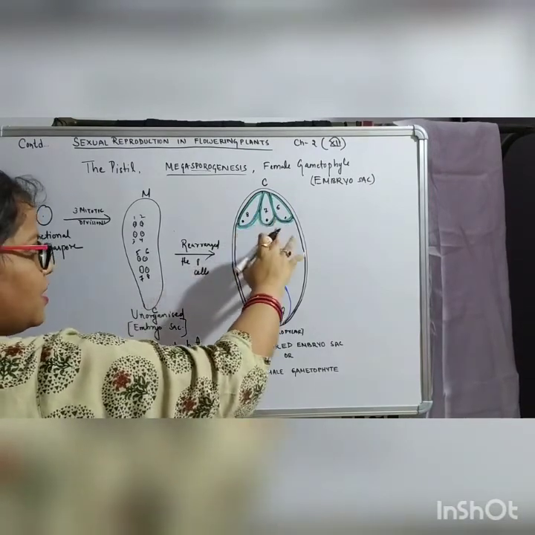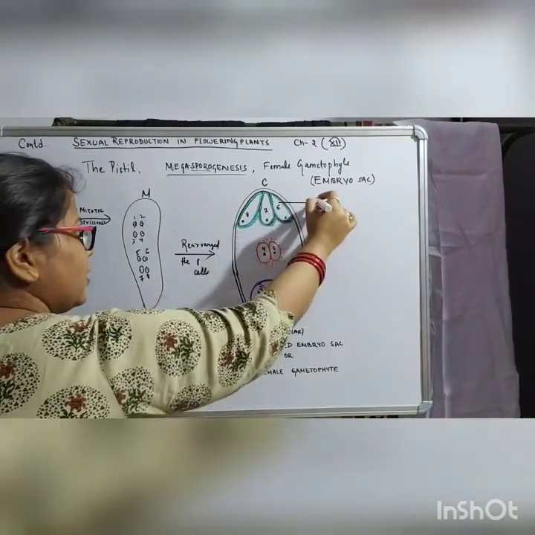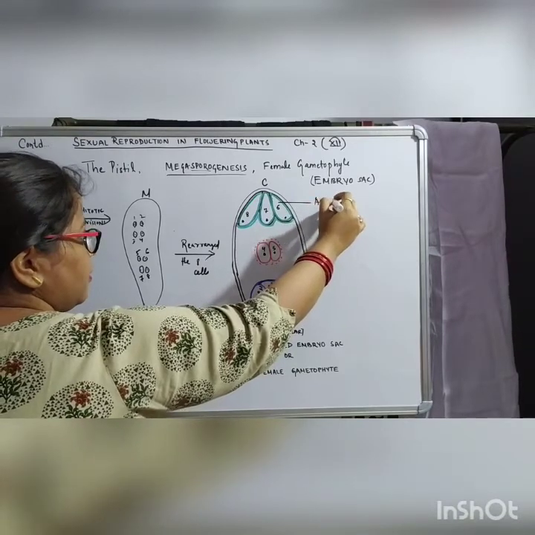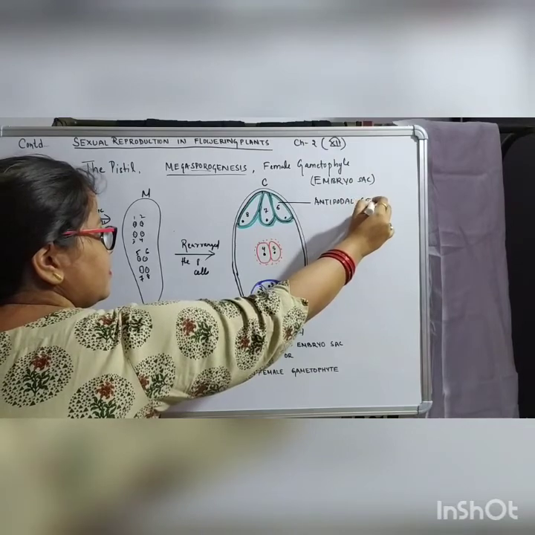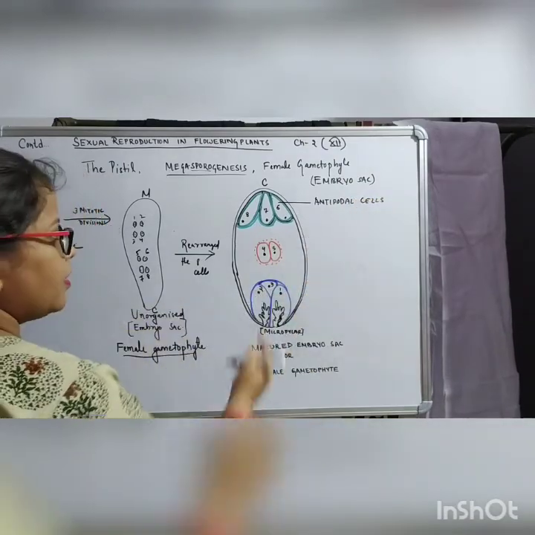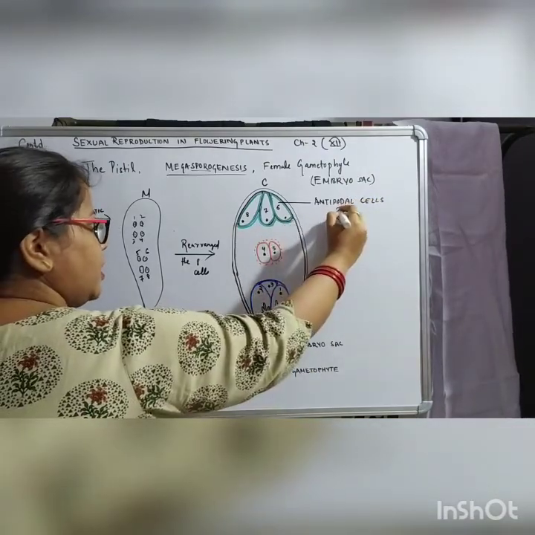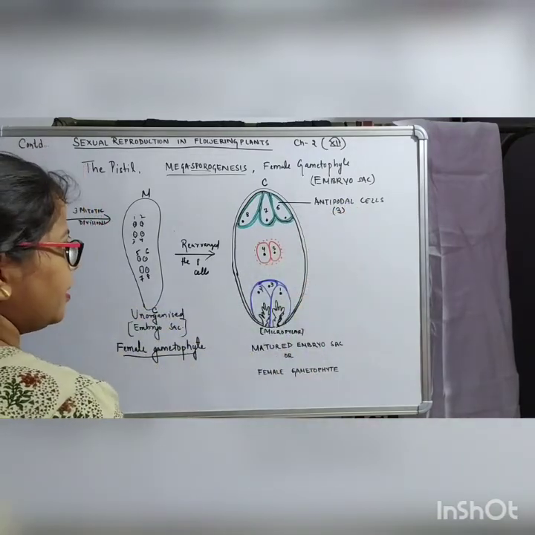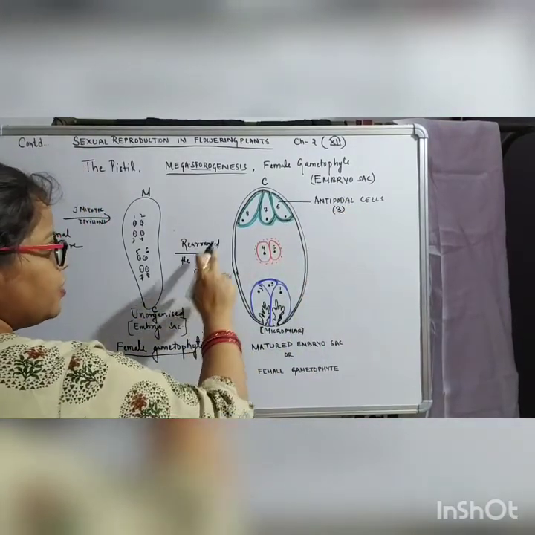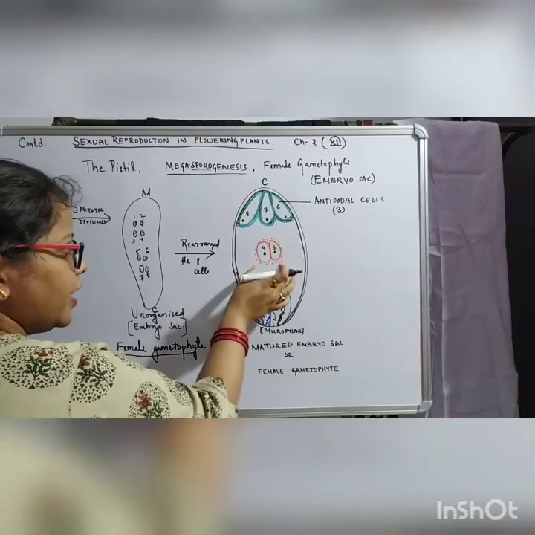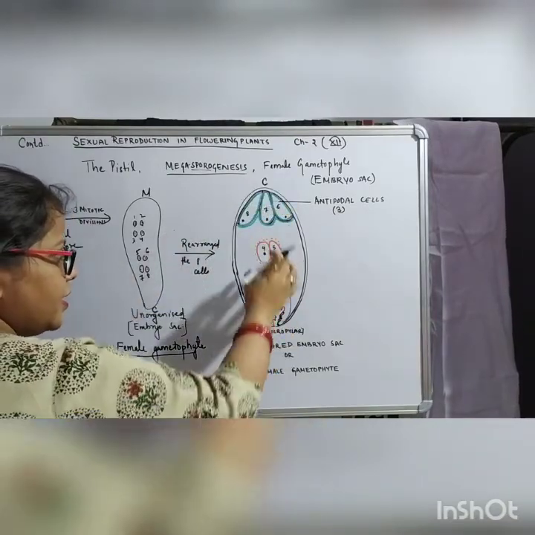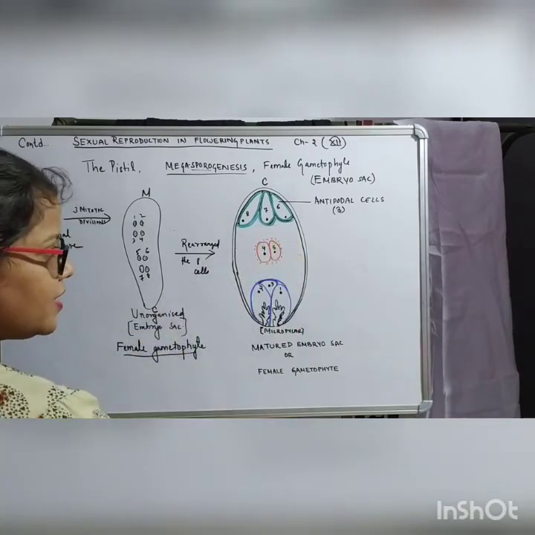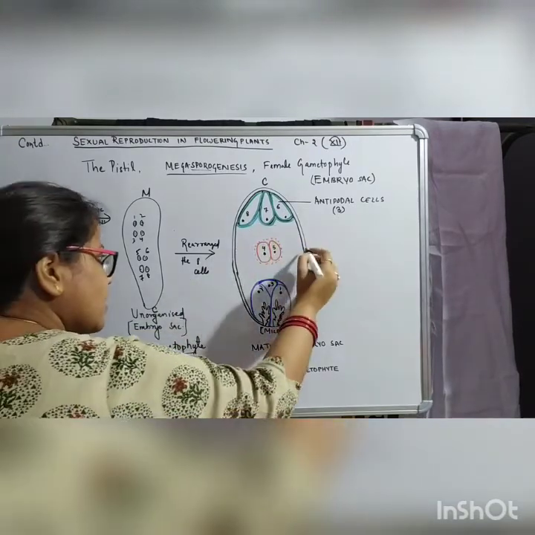These 3 cells are called your antipodal cells. So 3 antipodal cells are there. Out of the 8 we have arranged 3. Next, at the center of it, 3 cells are here, 3 cells are here, and the center 2 cells are there.